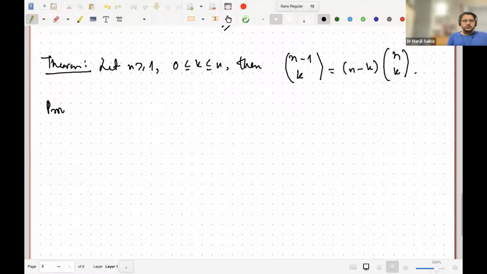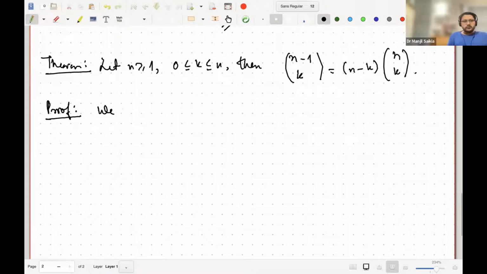So let's go for the proof. So again, we are going to do this in a combinatorial way. Okay. So what we want this time, the setting is not choosing objects, but this time the setting is choosing a committee. Okay.